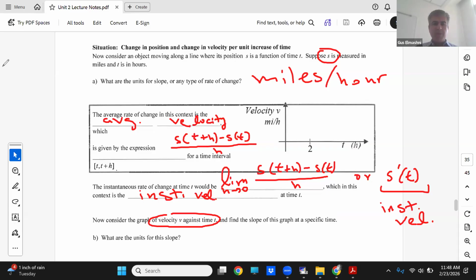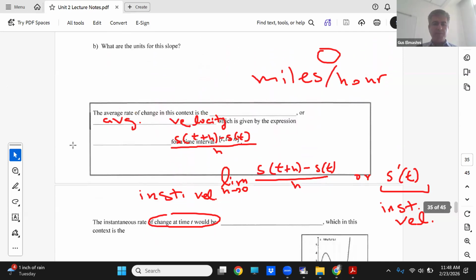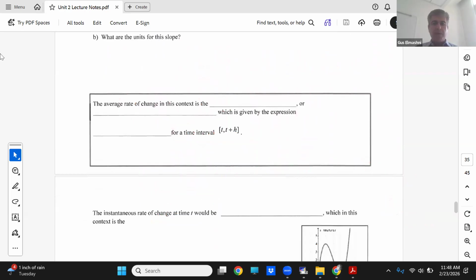So now what if I do the same thing for velocity? So those units are going to be the following: miles per hour squared. So in this case, the average rate of change, we would write it like this. Gosh, they didn't really give us much space. I'm going to do it down here.